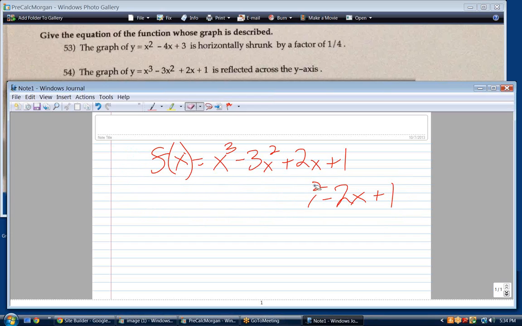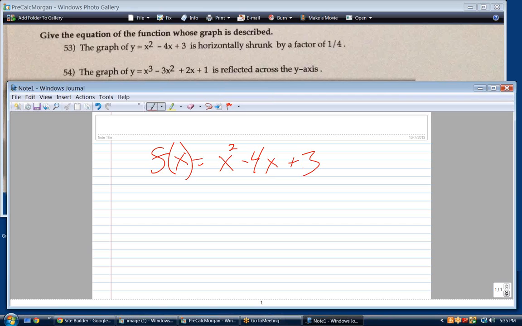Let's go back and look at the other one. I was taking the wrong approach on this before. I tried factoring it, and then graphing it, and then graphically shrinking it by 1/4 was the approach I took.